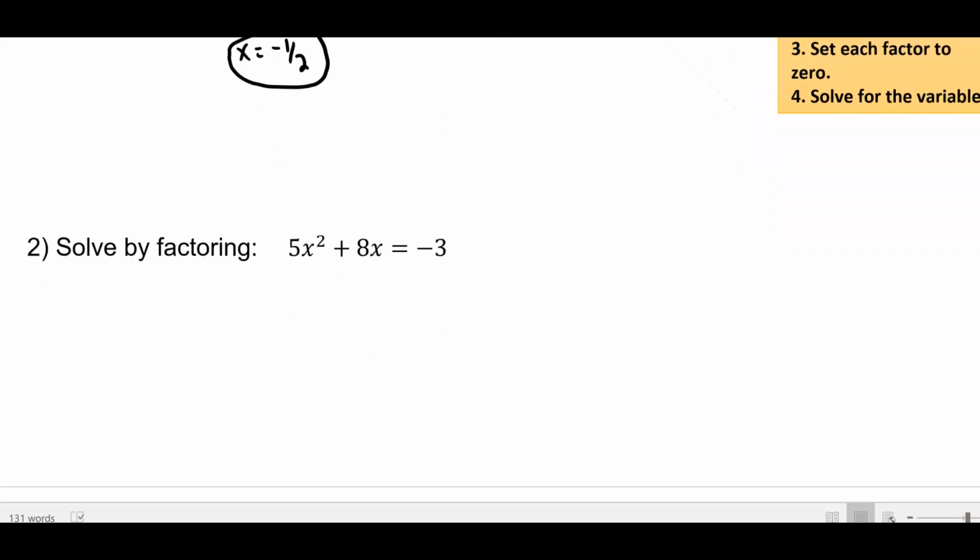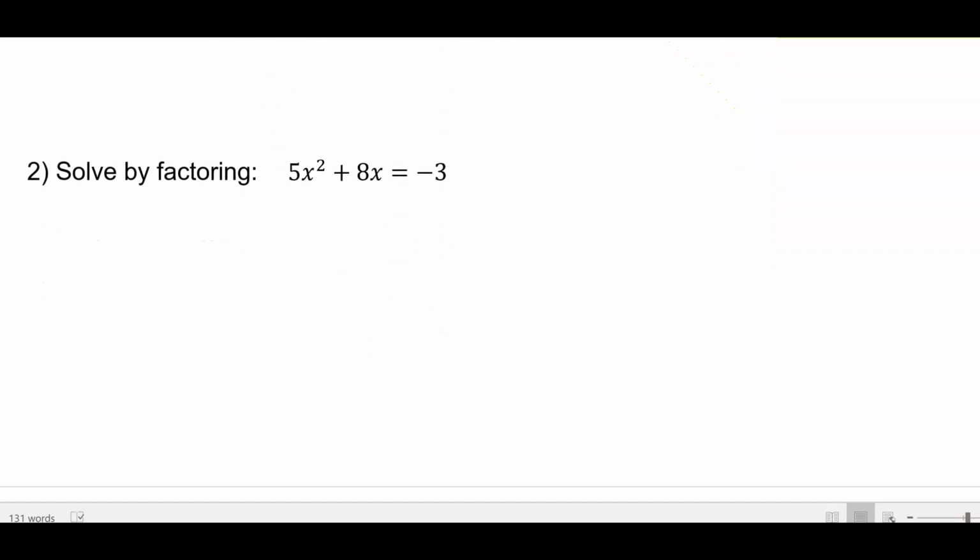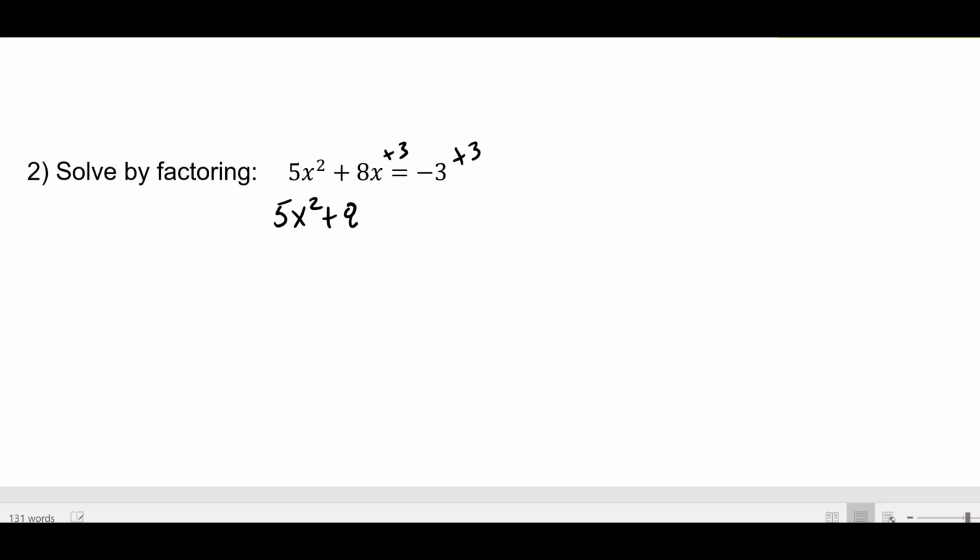The next problem, again, we have to get everything on one side, the left side. So let's add 3 to both sides. We have 5x squared plus 8x plus 3 equals 0. And then when we factor, of course, make sure you use the AC method. Pause the video and write down what the factors are.